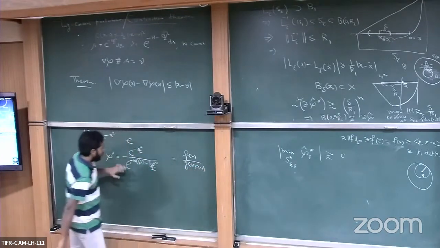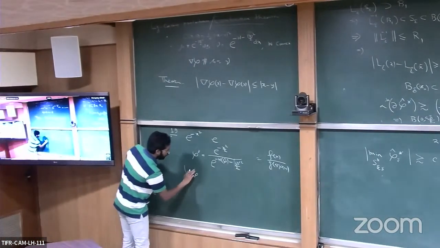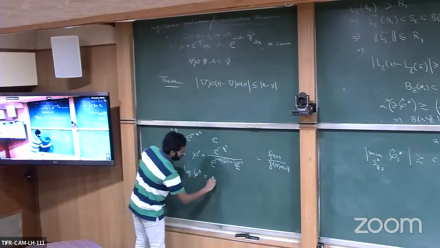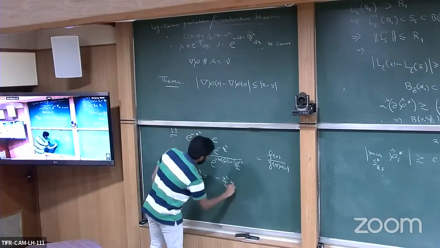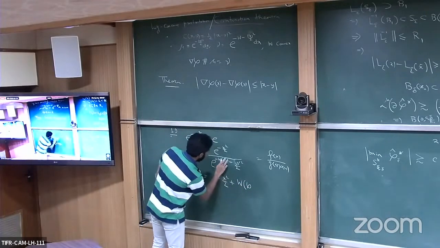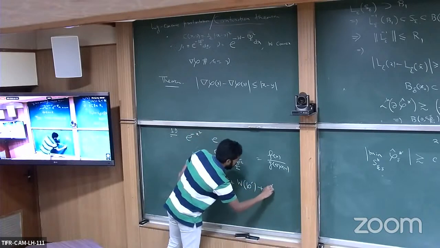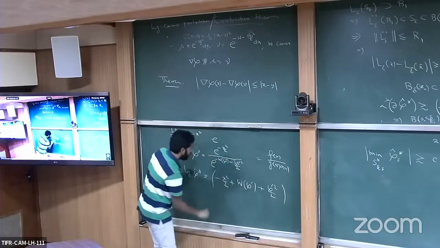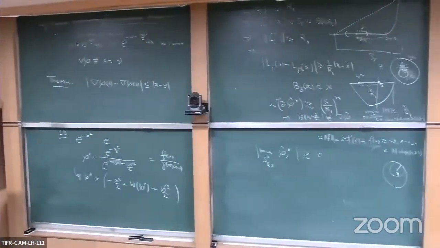Okay. Now let us take a log of phi double prime, and then you have minus x square by 2 and plus w of phi prime and plus phi prime squared over 2, right? So this is correct. Okay. So now let us differentiate it 2 times.